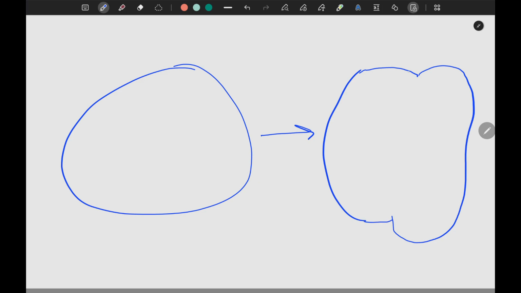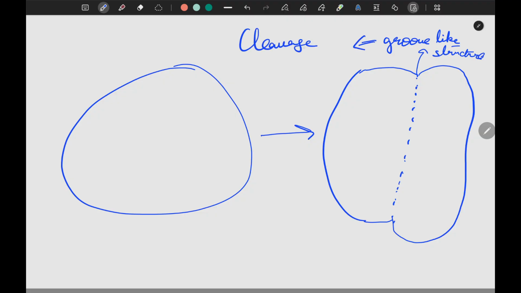Suppose like this, it forms a groove like structure. We call it as cleavage furrow.